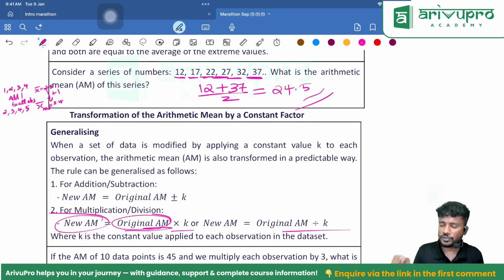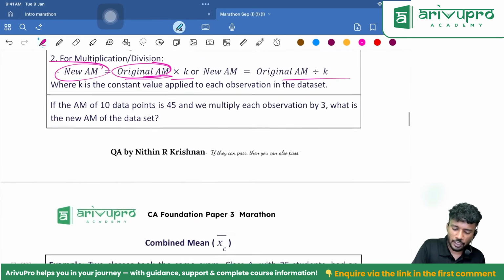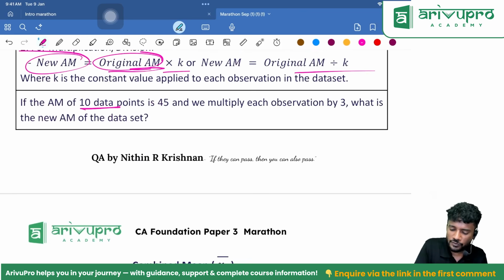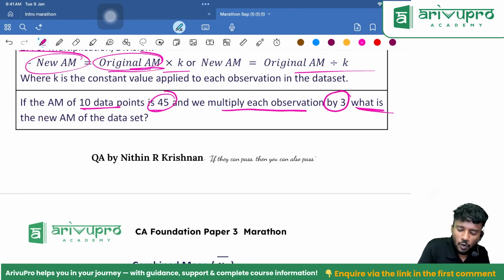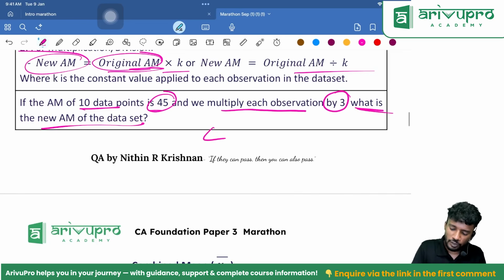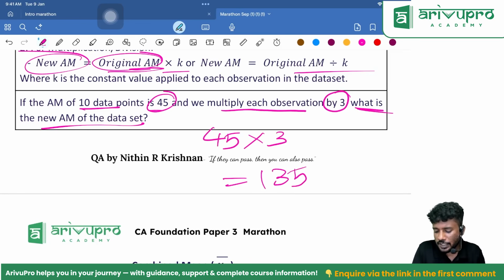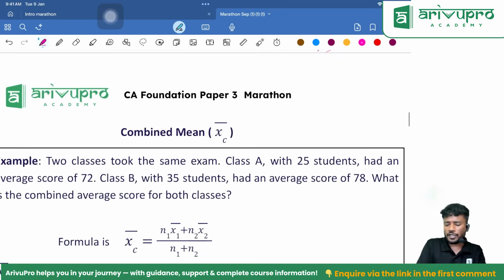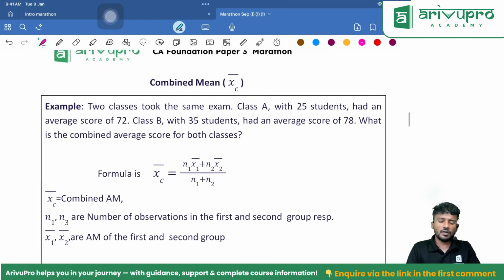Likewise, division is also possible. Clear? Now tell me, if the AM of 10 observations is 45, and we multiply each observation by 3, what is the new AM? 45 into 3. The answer is 135.